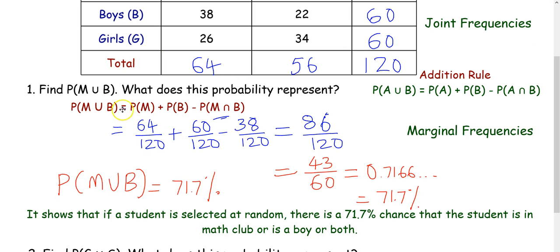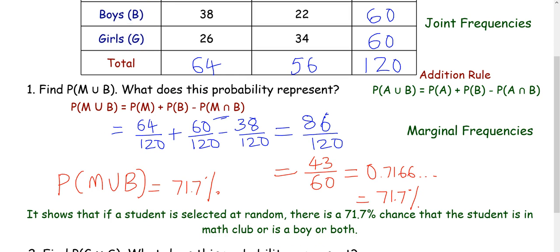Okay, now the second part is, what does this probability represent? What does this 71.7% tell us? It shows that if a student is selected at random, there is a 71.7%, or approximately 72%, chance that the student is in math club, or is a boy, or both.